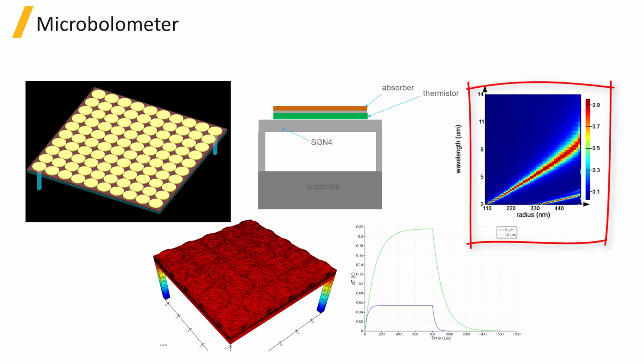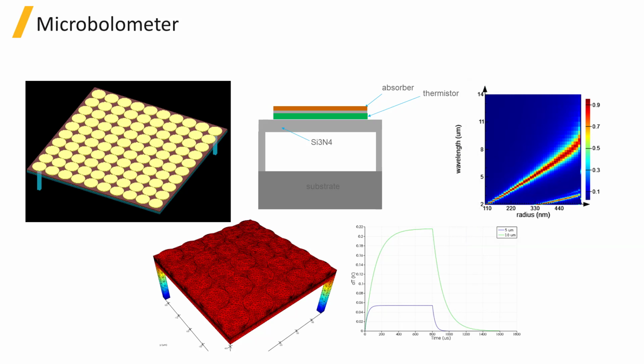Here we can see a plot of the absorption spectrum versus the radius of the absorbing periodic disks. In conjunction with device, we can also simulate the transient and steady state temperature distribution and electrothermal effects. And here we have the simulated temperature profile and transient temperature plot.